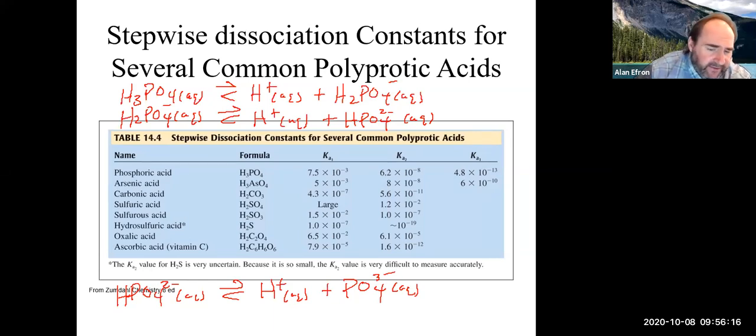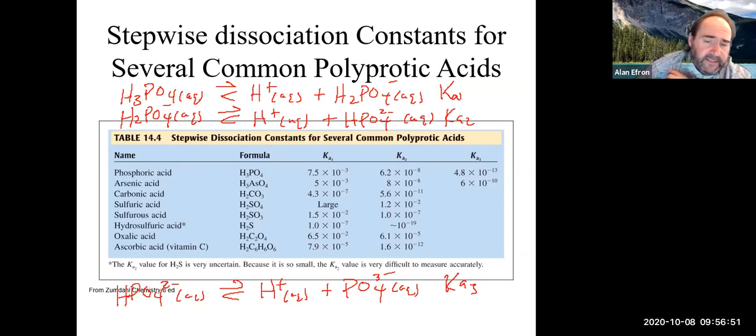They're all actually equilibrium reactions. So for each of the steps, we could have what is sometimes referred to as a Ka1 for that first H that comes off, a Ka2 value, and a Ka3 value. If we look at the numbers, what we might anticipate is that it is much easier to remove that first H plus than the second one.